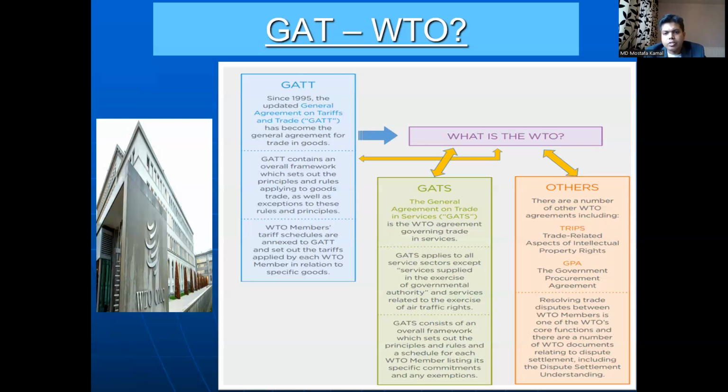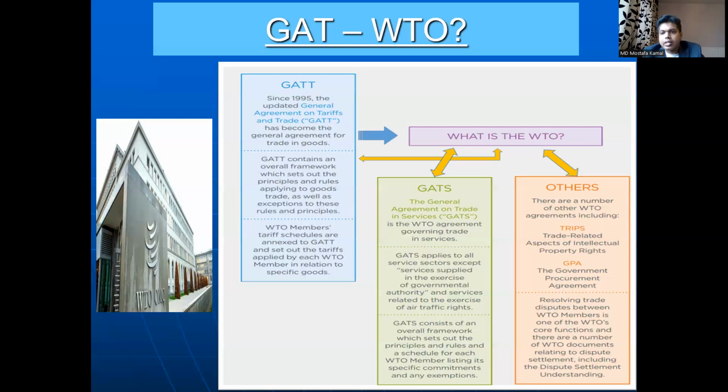GATS applies to all service sectors except services supplied in the exercise of governmental authority and services related to the exercise of air traffic rights. GATS consists of an overall framework which sets out the principles and rules, and a schedule for each WTO member listing its specific commitments and any exceptions.